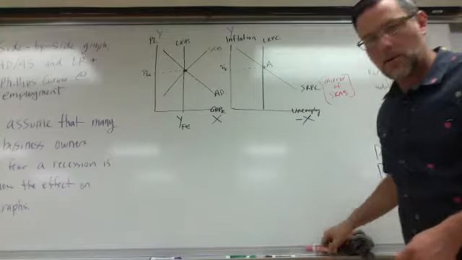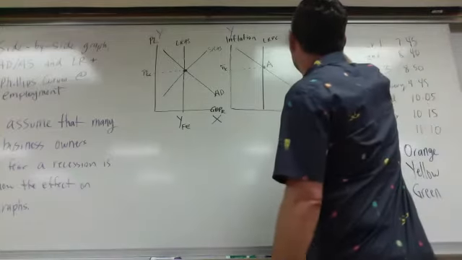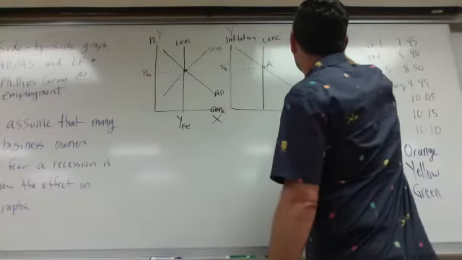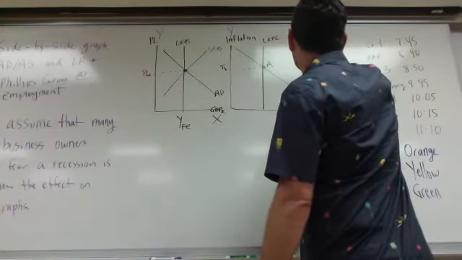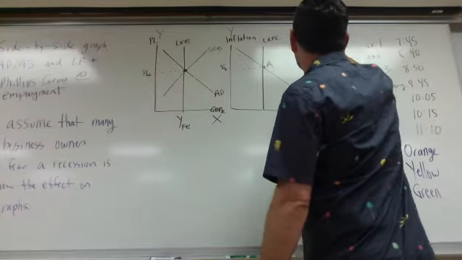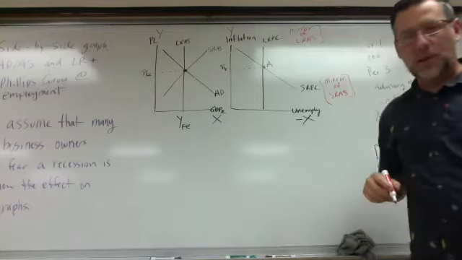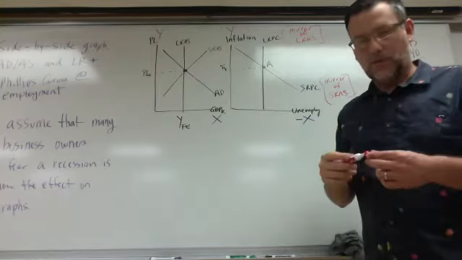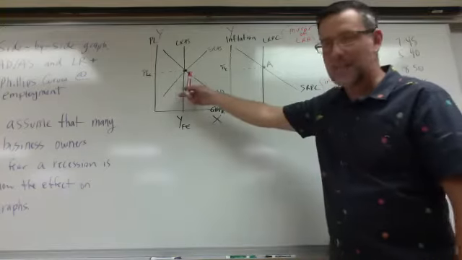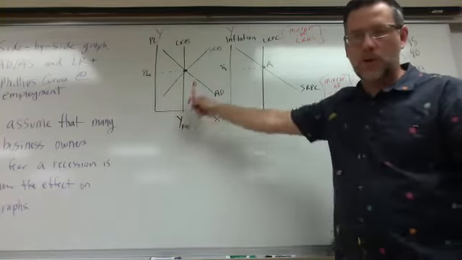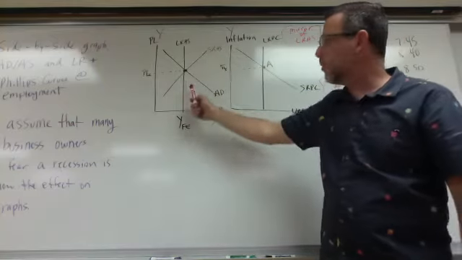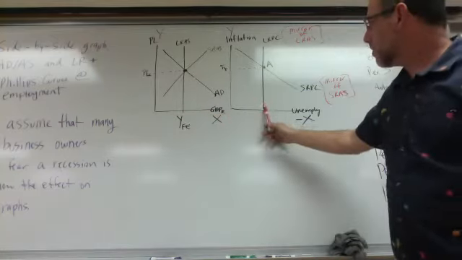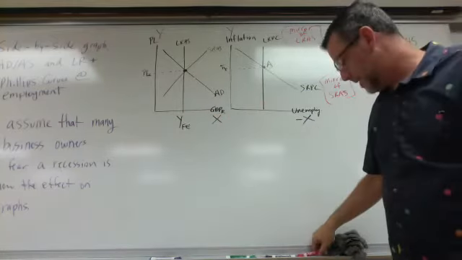It is my mirror, the mirror of my long run aggregate supply. So if I'm at full employment on this side, if my long run curve is running through my intersection point on this side, then my long run curve has to be running through my intersection point at this side.